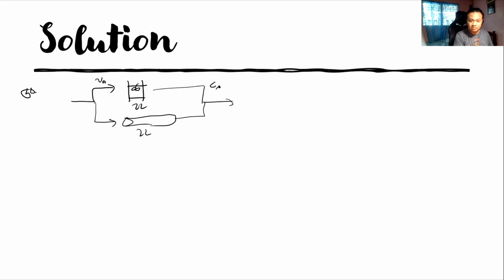So we know that this is CA 0.5 again, meaning the conversion is 0.5 again.